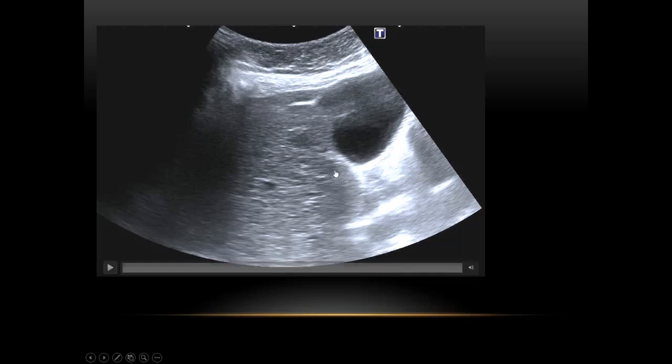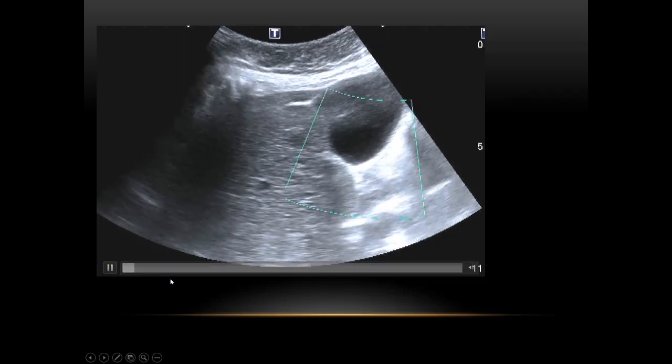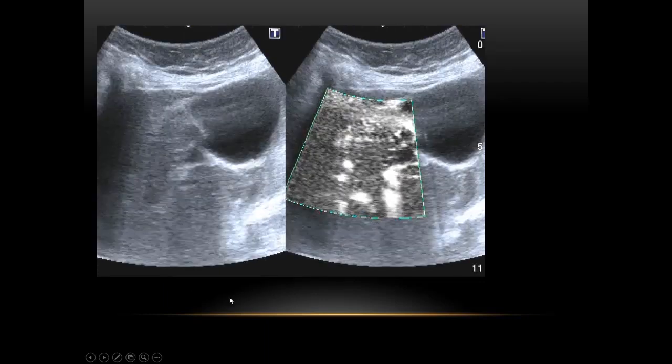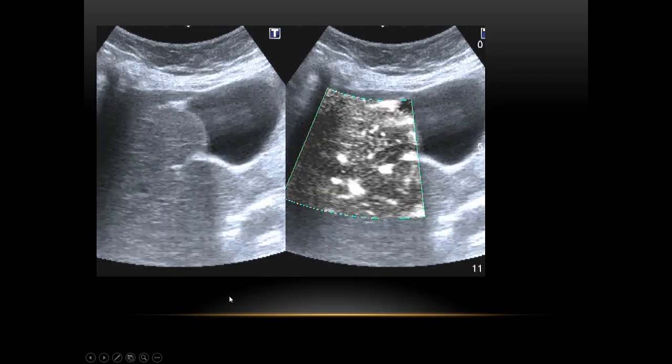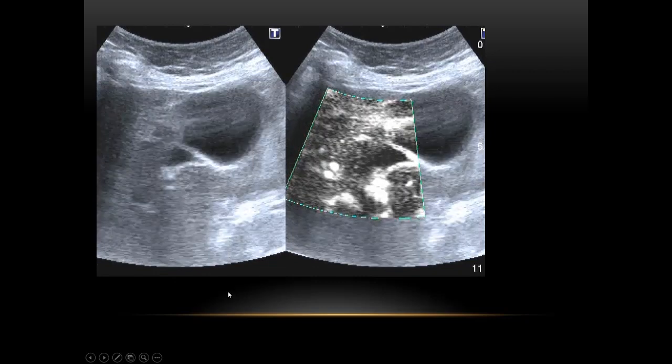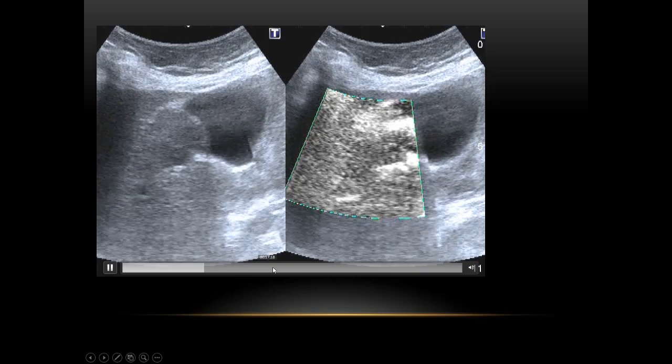This one is another lesion. The background of the patient is cirrhosis, with chronic liver disease, and we see a hypoechoic lesion near the gallbladder fossa, which is a common area for focal fat sparing. So we use SMI to see if we can distinguish between focal fat and a true nodule.